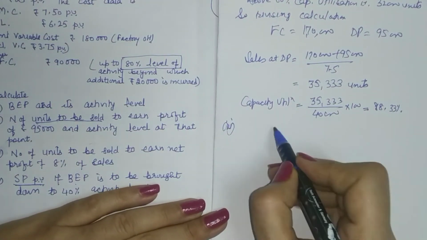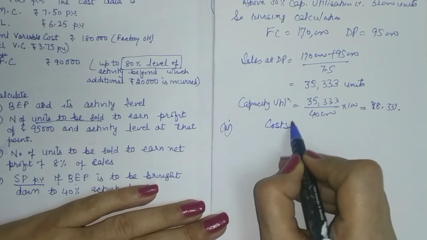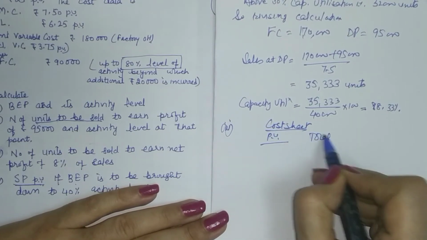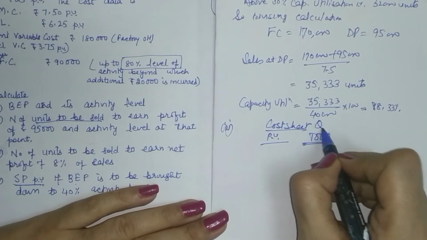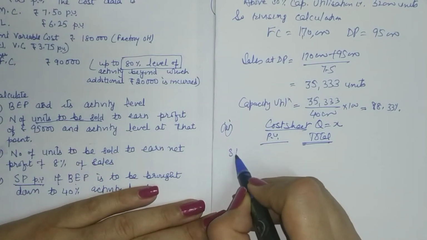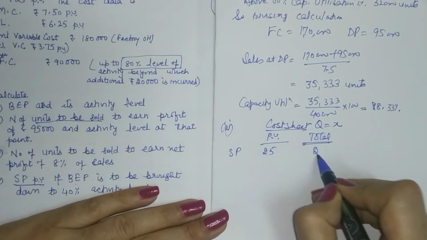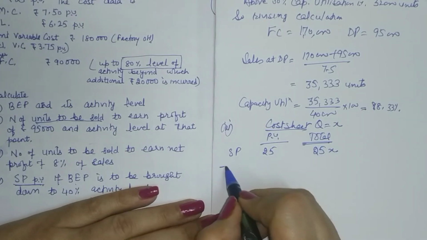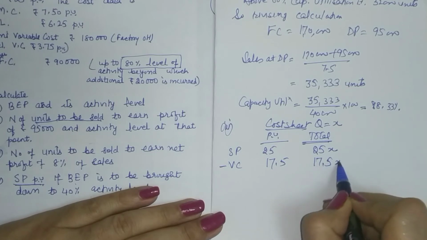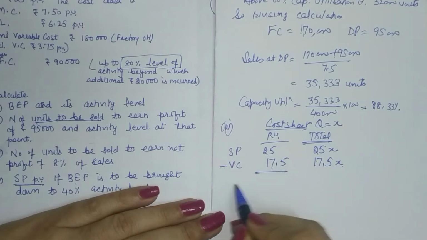Like we have cost sheet with us. Okay. Now in our cost sheet, we had calculated per unit information. Now we'll be taking up total also. Let the quantity be X, because units we are to measure, and our profit is 8% of sales. So our selling price is 25. It means our total sales will be 25X. Variable cost is 17.5. So our variable cost is 17.5x.